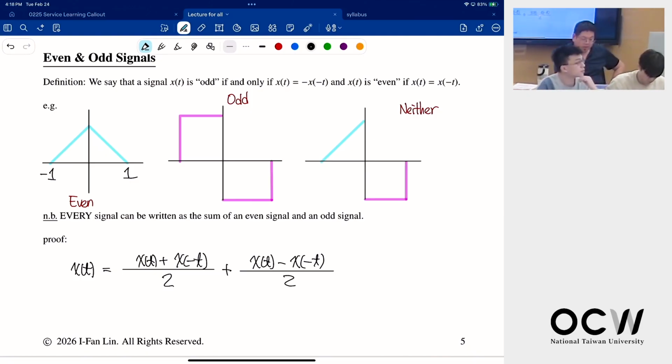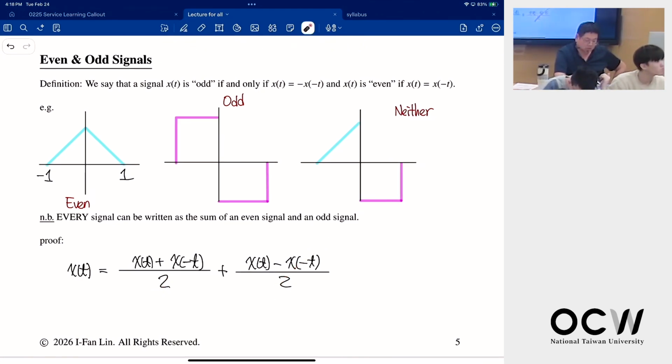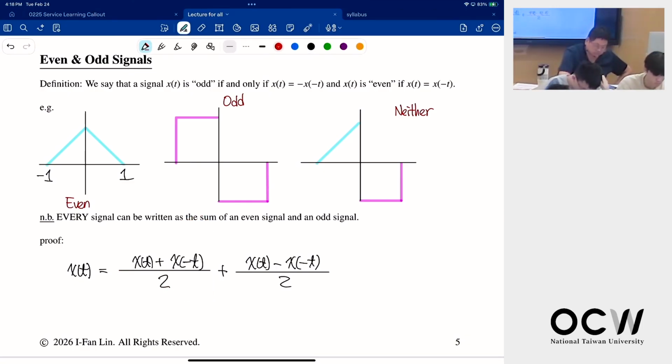Right? They cancel out. And then here it is x of t. Okay? And this is even. And this is odd.